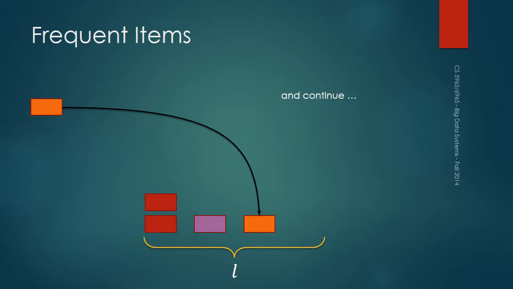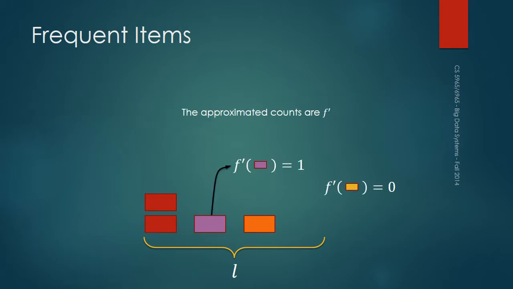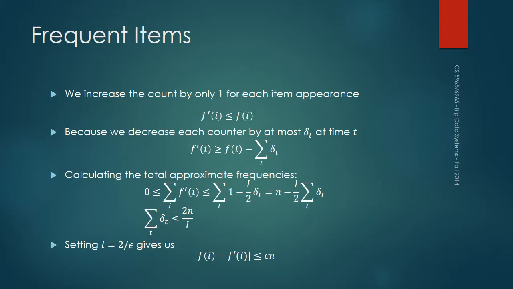So for the frequency f prime, you should understand that by its basic definition, f prime of i, where i means a particular item, is the frequency for a particular item. By definition it is going to be less than or equal to f of i. Is that clear?